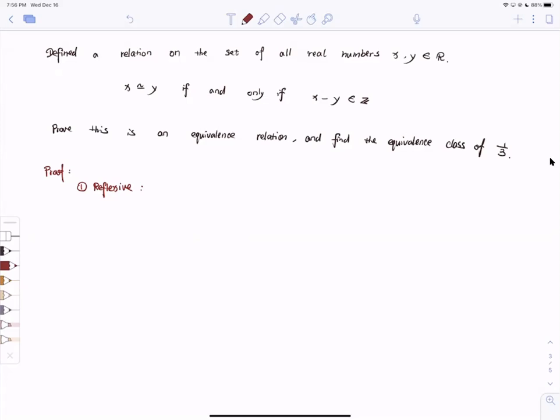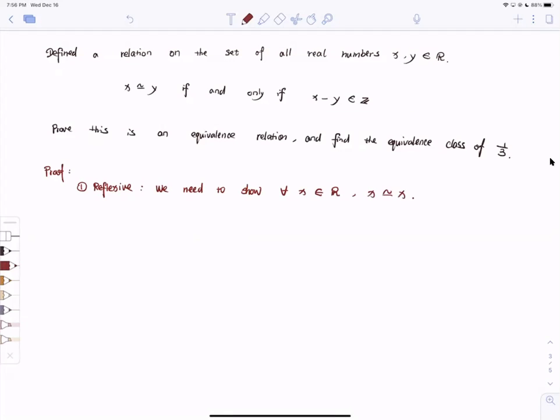Okay, x has a relation with x. So we need to show that for all x in real numbers, x has a relation with itself.